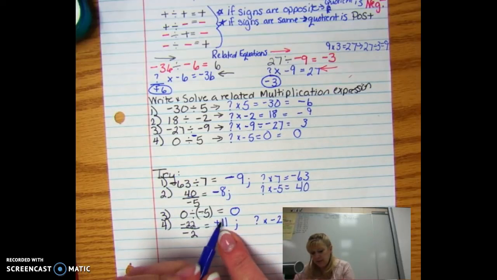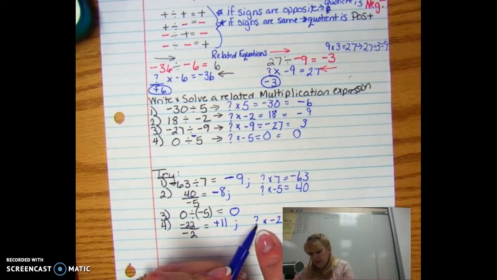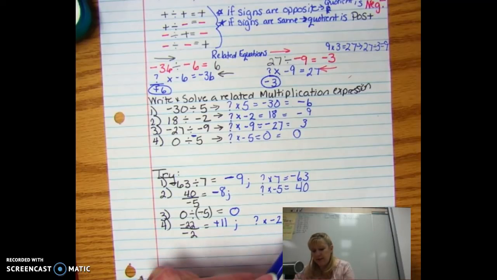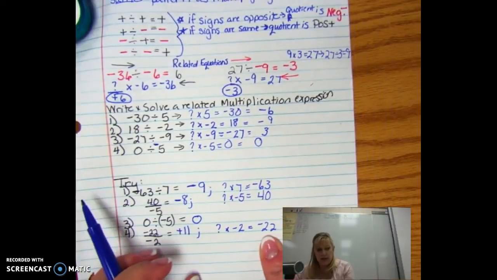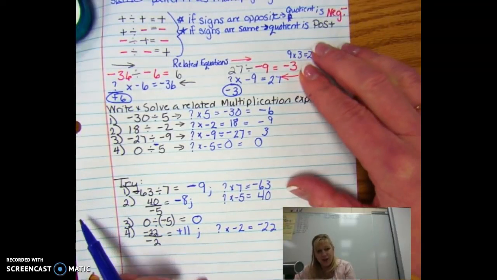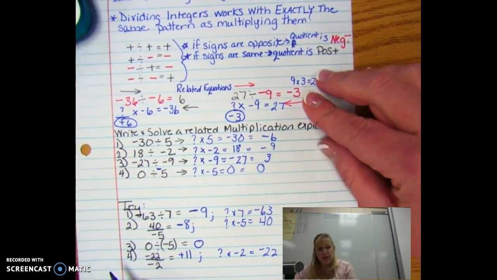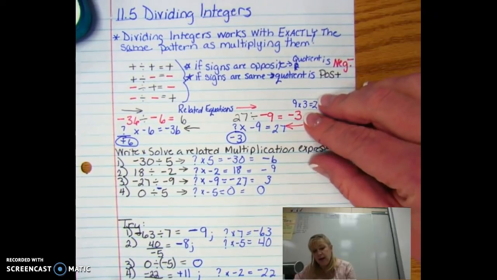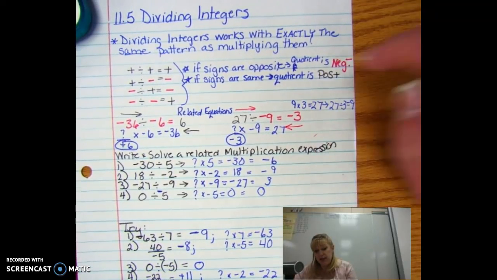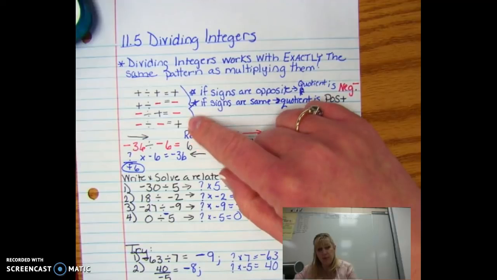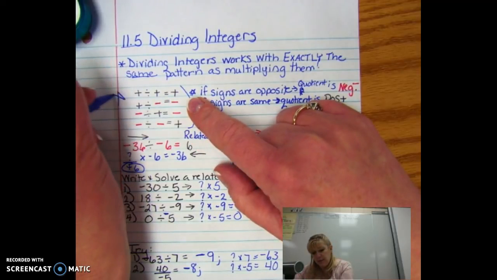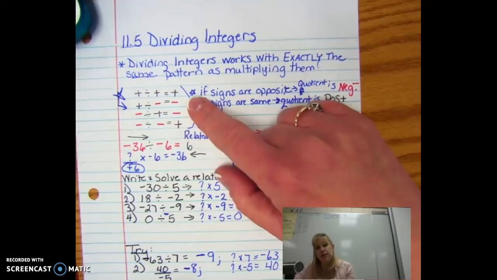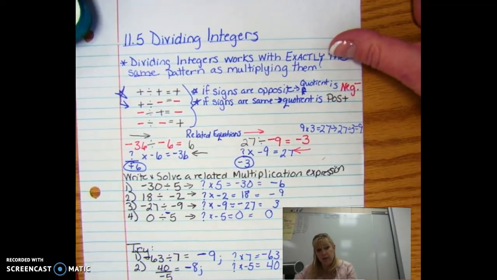Okay, I got a positive 11. So a positive 11 times a negative 2, yes, definitely equals a negative 22. That's all there is to this one. It builds completely off of our assignment on multiplying integers. So it is of utmost importance that you memorize this pattern. You will use it all throughout your mathematical career.